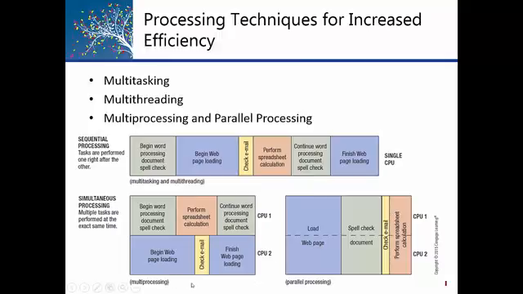With multiprocessing, what it does is take the available cores, like I showed you through that task manager a second ago. I had cores 0 through 7, right? Well, each one of those cores was assigned something to do. In this case, core 1 or CPU 1 was told to do word processing, and core number 2 or CPU 2 was told to do the web page and email and finish loading the web page.